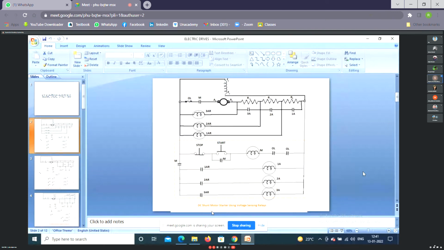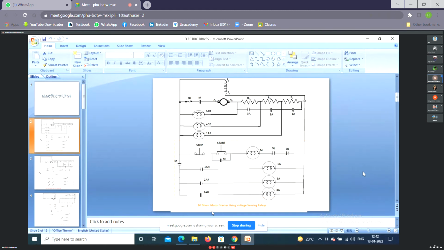So our main purpose of connecting a starter in case of a DC shunt motor, or a series motor also, is to reduce the starting current, so that the current is within 2 to 2.5 times the rated current. The same principle is used here.